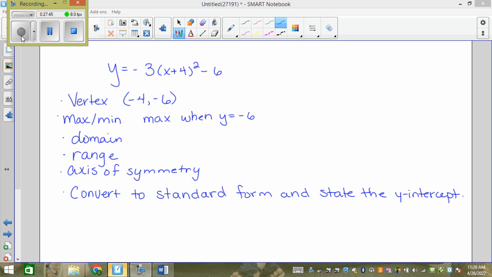So this graph starts at -6 and the whole thing's below it. What's the domain of every quadratic? X such that x is an element of the real numbers. What's my range? The whole thing is concave down, and my highest value is -6. So it's going to be y such that y is less than or equal to -6, y an element of the reals.